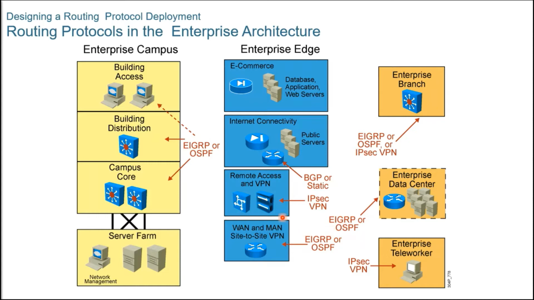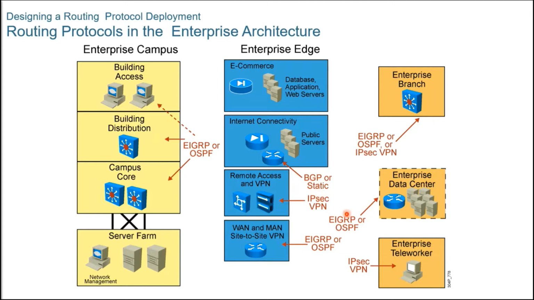All right, so internet connectivity, we can use static routing or BGP. Now, when to use BGP? If you are multi-homed, meaning the organization is connected to different ISPs or more than one ISP, then it is recommended to use BGP. If your organization is single-homed to a single ISP, then we can deploy and use static.